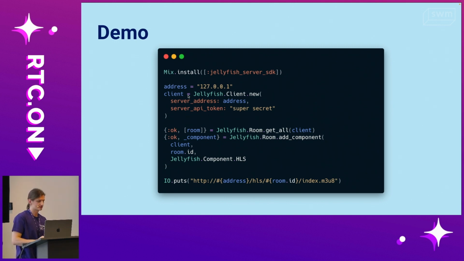Then we're going to create a client struct, which is basically a struct aggregating all of the information necessary to create the requests. We know that there's only one room on this Jellyfish instance, so we can use the getAll call to obtain the ID of the room, and then we use the add component function to add the HLS component.